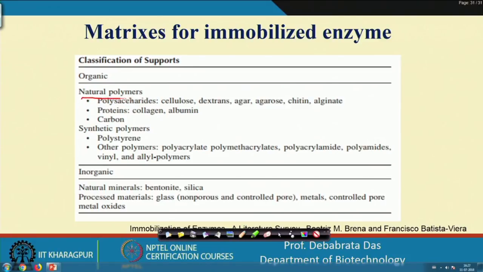They can be divided into three different types: one is natural polymer, another is synthetic polymer, and the third is inorganic. Among natural polymers, we have polysaccharides like cellulose, dextran, agar, agarose, chitin, and alginate. Among proteins, we have collagen and albumin, and also carbon. Among synthetic polymers, we have polystyrene, polyacrylate, polyacrylamide, etc. Among inorganic materials, we have bentonite clay, silica, and glass, which are largely used by industry.